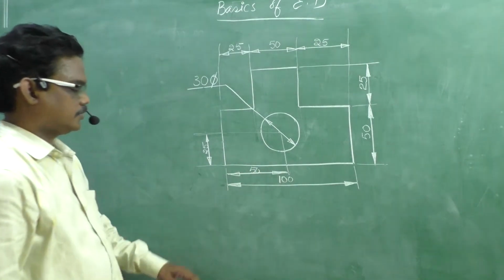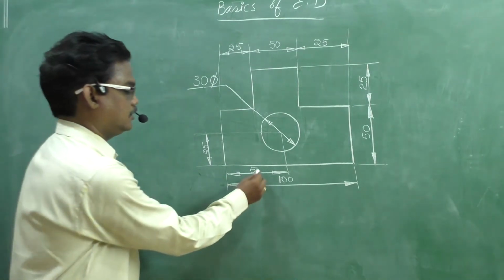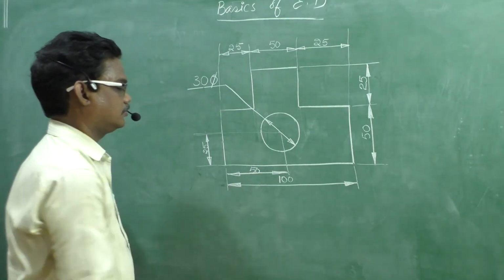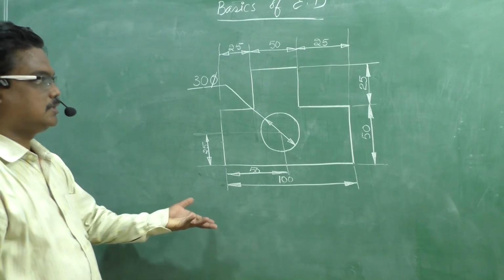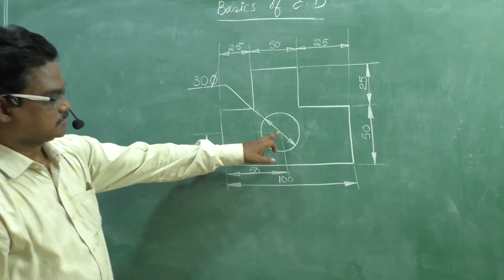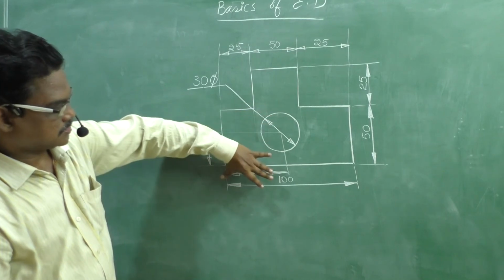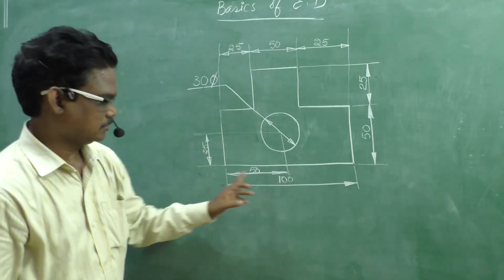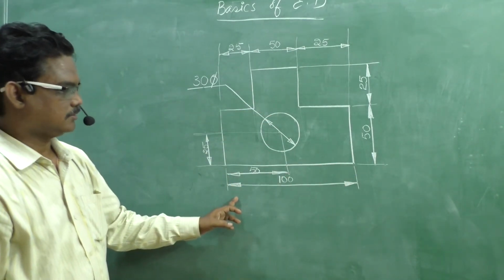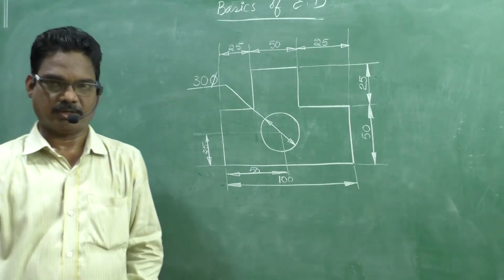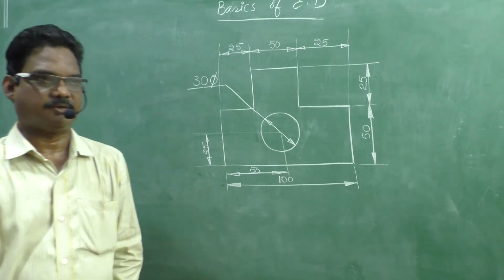This type of problem generally occurs while giving the dimensioning. That is the reason first you need to give this dimension. After that you need to give the dimensioning of this. Then it will be very clear. Right. These are the fundamentals.